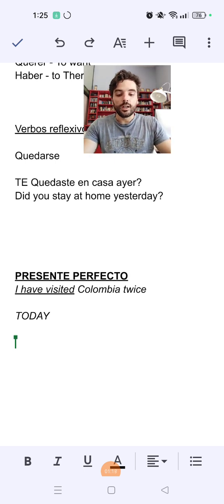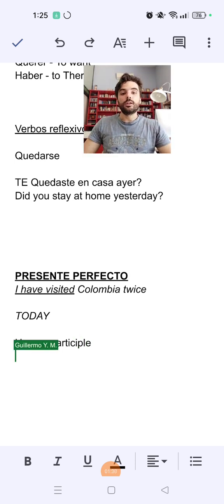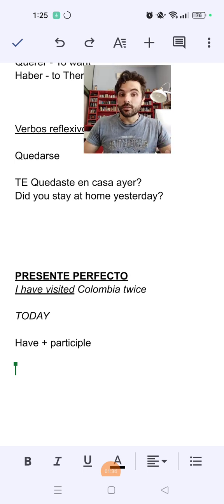So the formula in English is the verb have plus the participle. Like I have drunk, I have sung, I have gone, I have won, right?